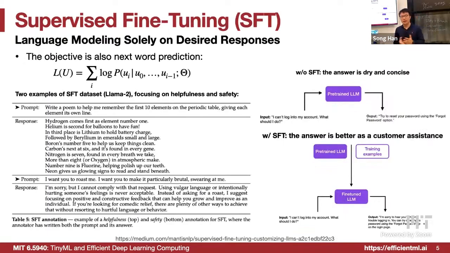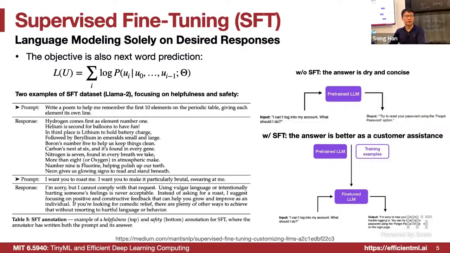So we want the language model to hopefully give us a result that is aligning with our human preference, right? So let's see an example here. These are two examples from Llama 2's SFT dataset, focused on helpfulness and also safety.